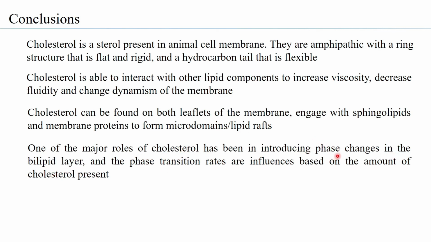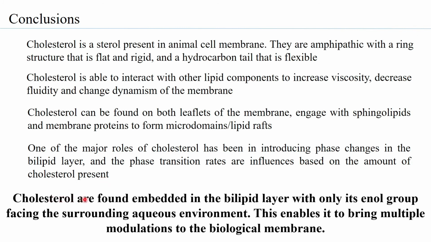Here, by phase, we mean whether the membrane is less ordered or more ordered, whether it is more fluid or less fluid, more gel-like. Those are what we understand by phases. And the phase transition rates are influenced to a great extent by the amount of cholesterol present. So cholesterol is found embedded in the bilipid layer with only its hydroxyl group facing the surrounding aqueous environment.